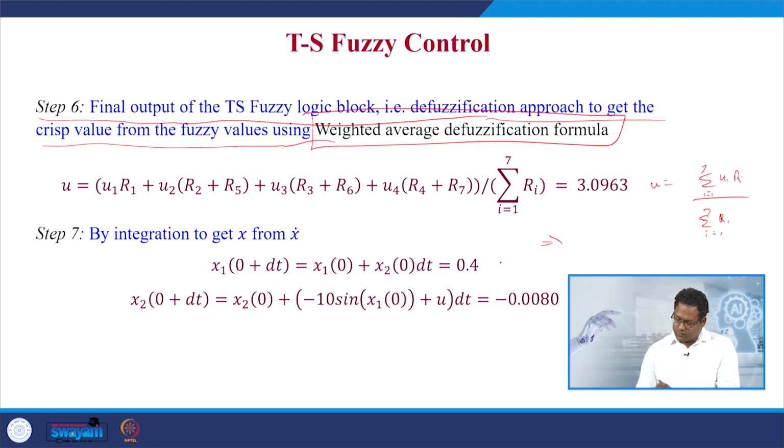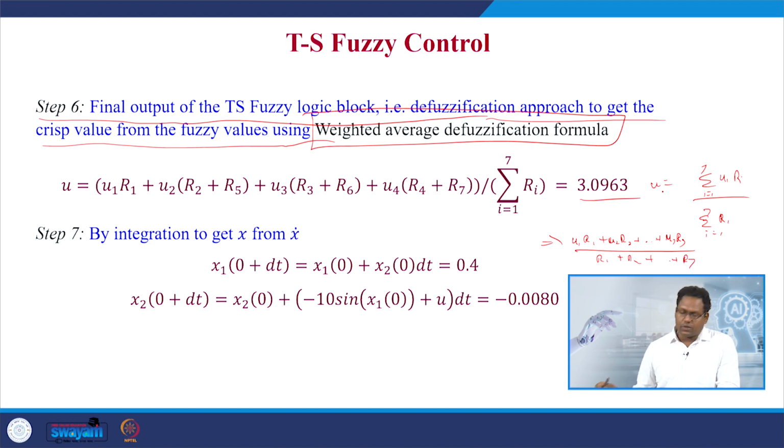That leads to u1 r1 plus u2 r2 up to u7 r7, upon r1 plus r2 up to r7.